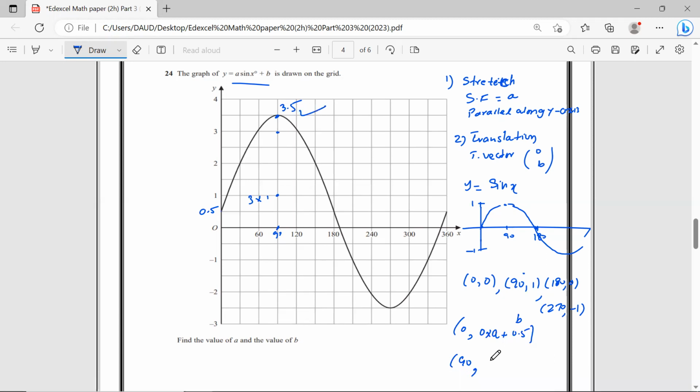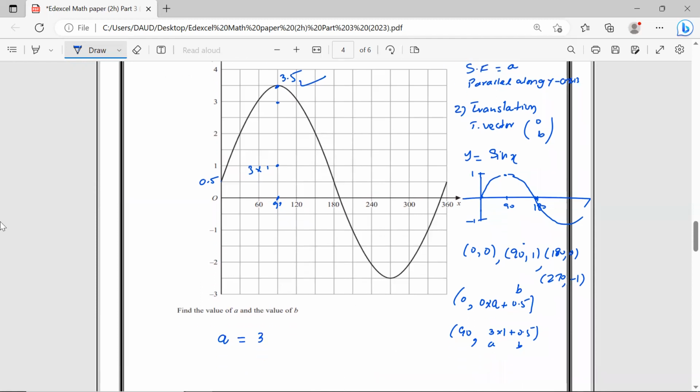It is like that: 3 multiply 1 plus 0.5. It means a is 3 and b is 0.5. So we find out a is equal to 3 and the value of b is 0.5. I hope you get it.